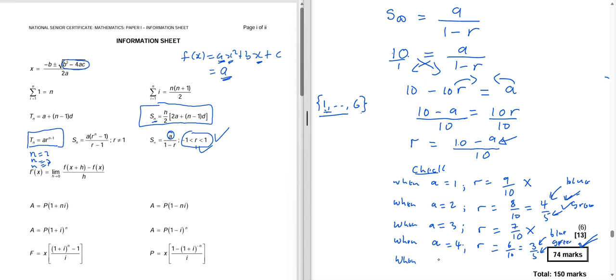When A is equal to 5, we have R equal to what? 10 minus 5, it's 5 over 10. And 5 over 10 can be reduced to 1 over 2. This passes the test. But we need to be very careful there. Because if you say 1 over 2 multiplied by 2 over 2, you will get 2 over 4, meaning that 2 over 4 was also going to pass the test.